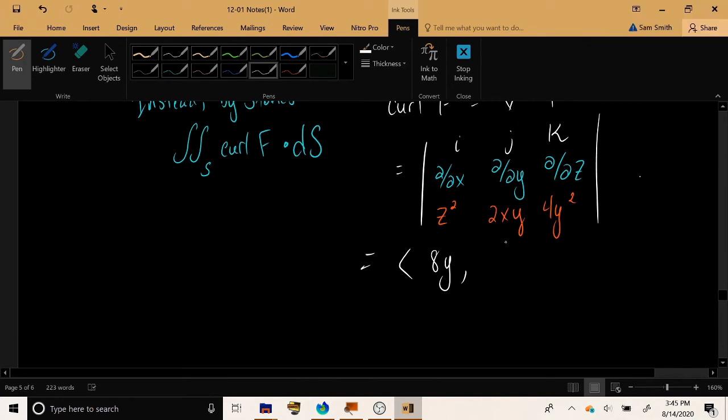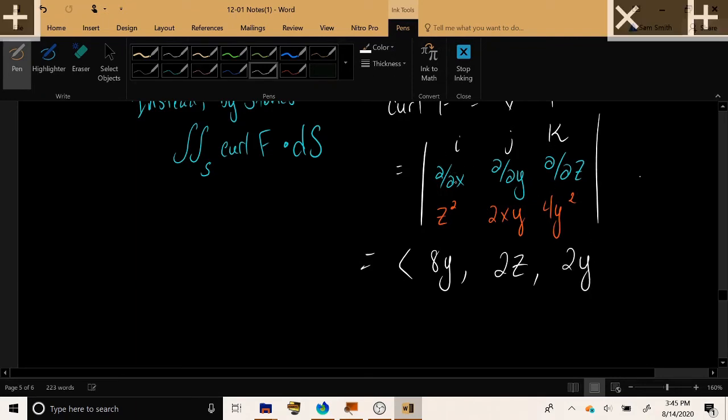In the j slot, we have the partial with respect to x of 4y squared, which is 0, take away the partial with respect to z of z squared, which is negative 2z, and then you make it opposite because we're in the j position. And then for k, we have the partial with respect to x of 2xy, minus the partial with respect to y of z squared. So that will close that up quite nicely.